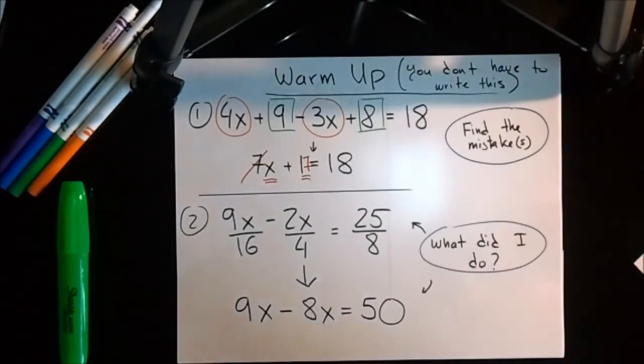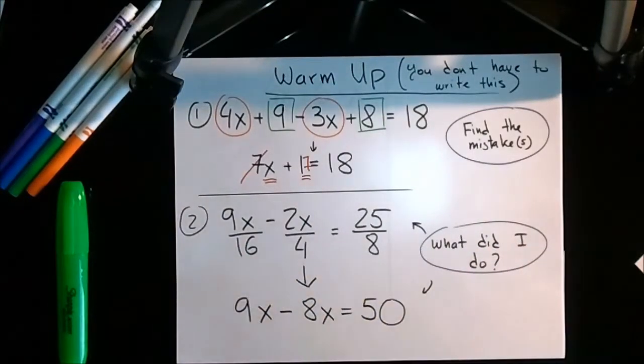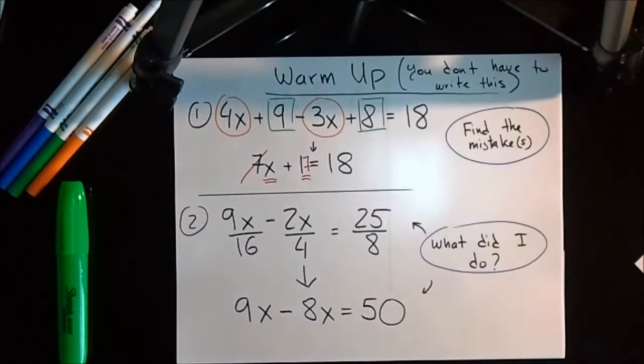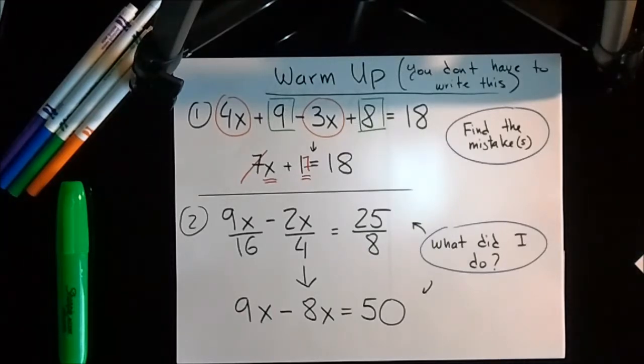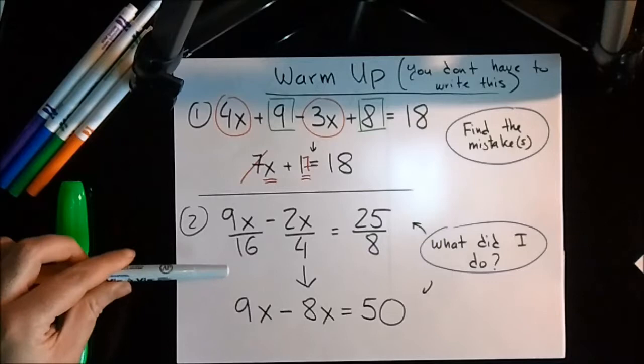Alright, go ahead and tell me what in detail I did going from this step to this step in number two. Okay, so what you should have told me was that I first found the LCD, because I need to find the LCD in order to get rid of the denominators.